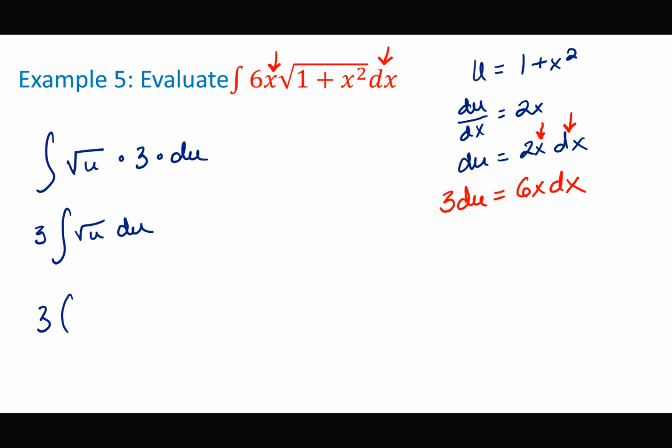What is the antiderivative of square root of u? Okay, so this is really u to the 1/2. So when I anti-differentiate, I add 1 to it, which is 3/2, and then it becomes 2/3 as the coefficient. So the antiderivative here is 2/3 u to the 3/2 plus c.